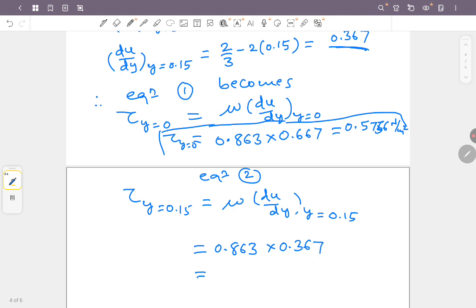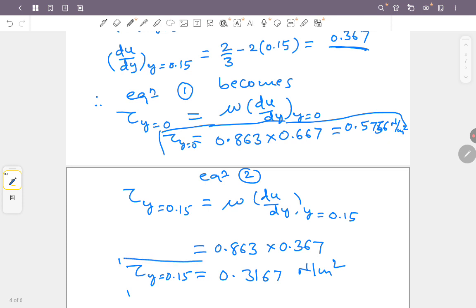After simplification we will get 0.3167 Newton per meter square. This is the shear stress at y equal to 0.15.